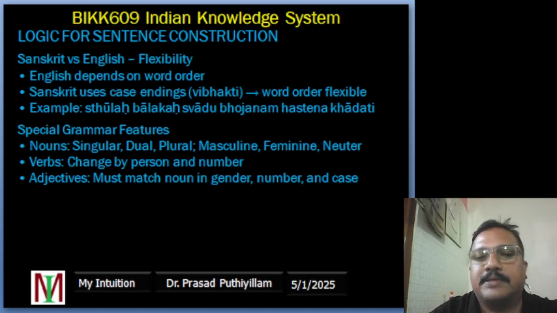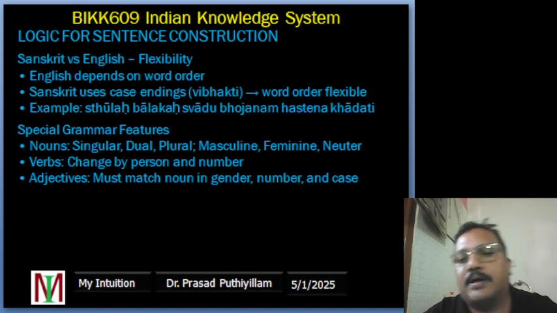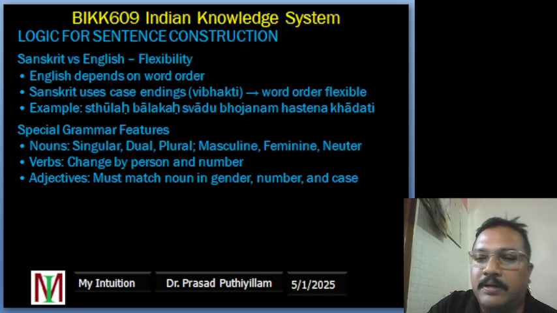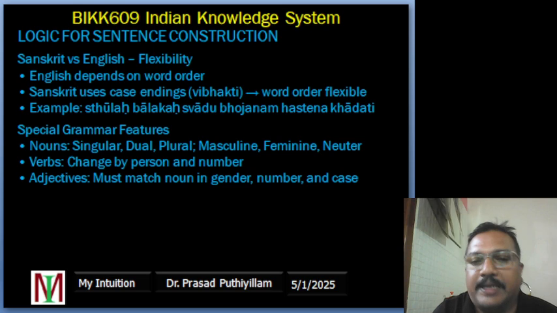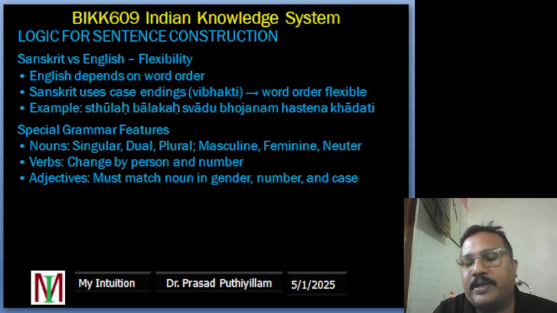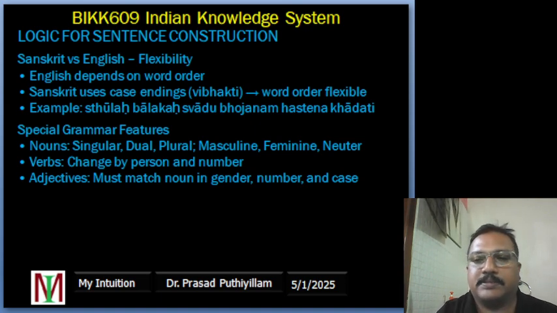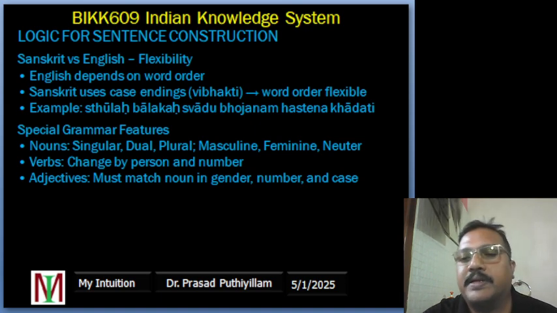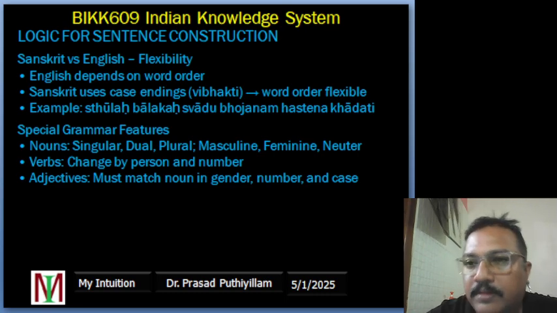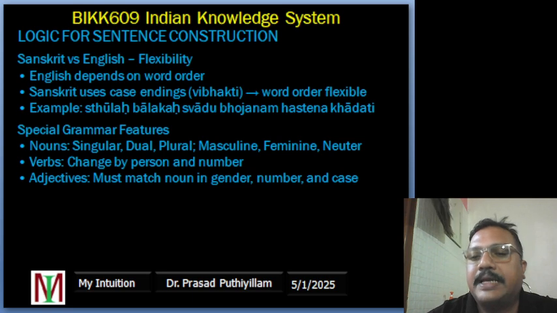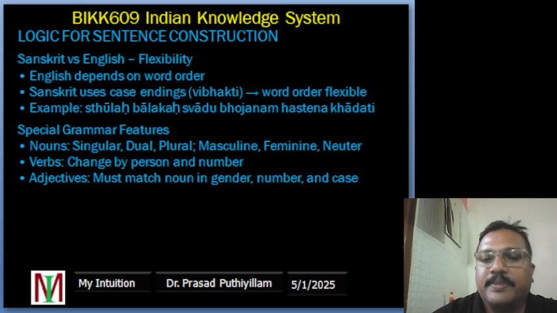That is Sanskrit versus English: how the sentences are built, and how Sanskrit is important or English is better, that we can analyze now. Let's begin with a question. What happens if we change the word order in a sentence? In English, the word order is very strict, we know. Let us take an example given in the textbook.